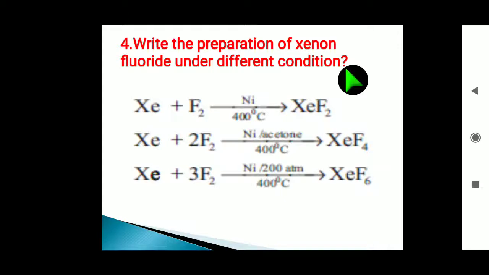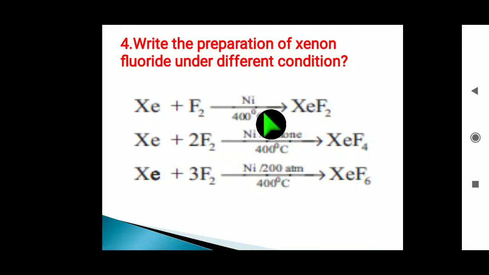Okay, we see the products XeF2, XeF4, XeF6. Xenon forms 3 binary fluorides, XeF2, XeF4, XeF6, by the direct union of the elements under appropriate experimental conditions.